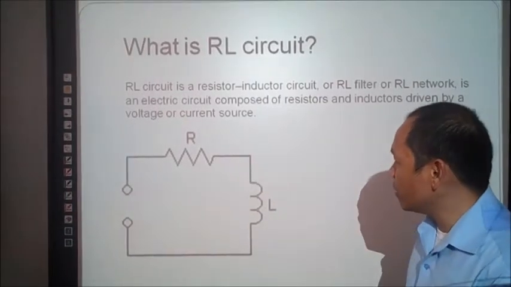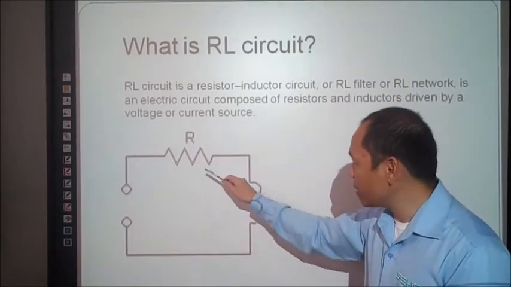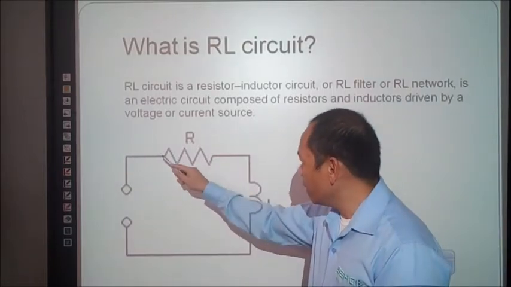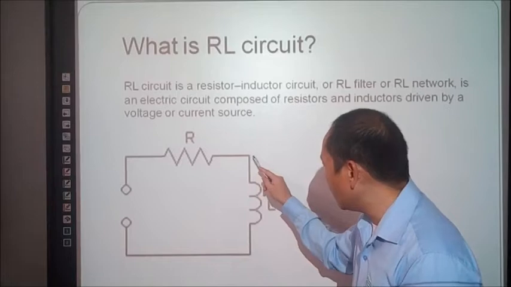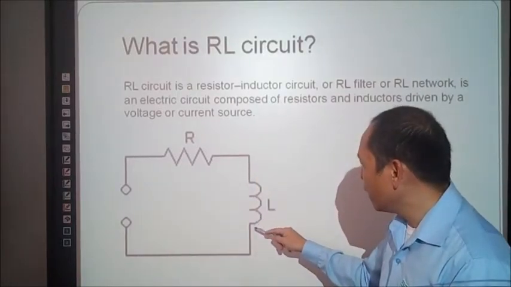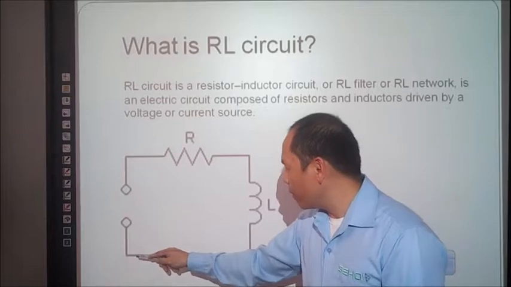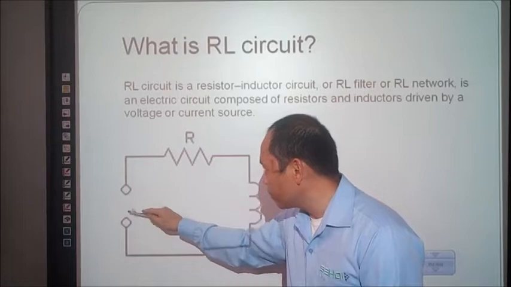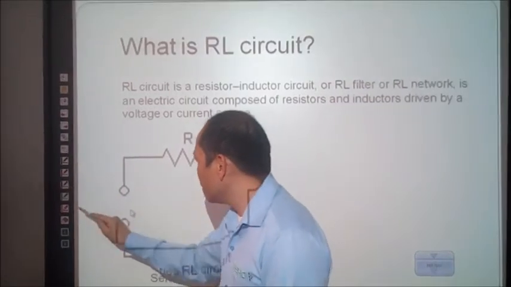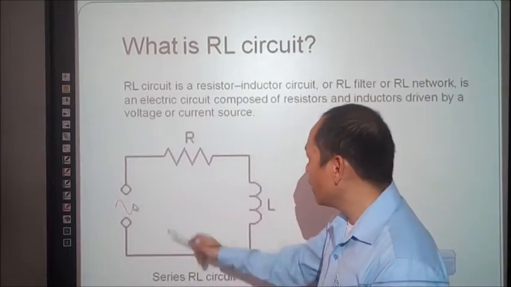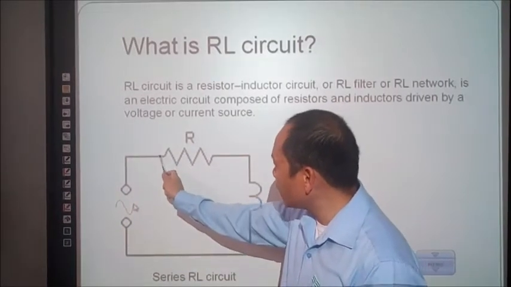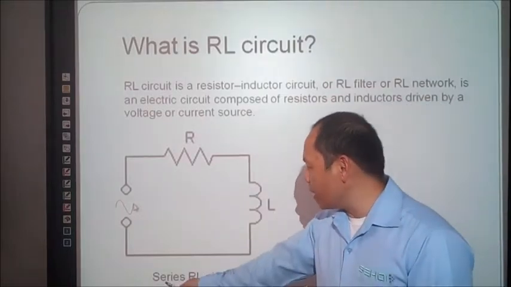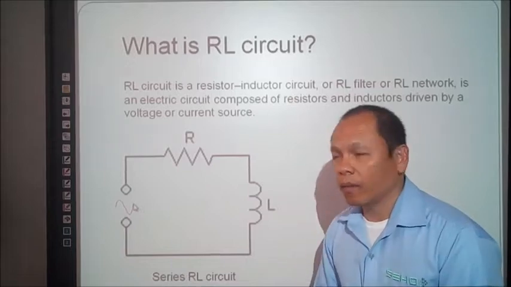This is called a series RL circuit. Why is it series? Because the resistor is connected to the inductor, and the inductor is connected to the source. This is the source here. And the other terminal of the resistor is connected to the source. So they call this one a series RL circuit.